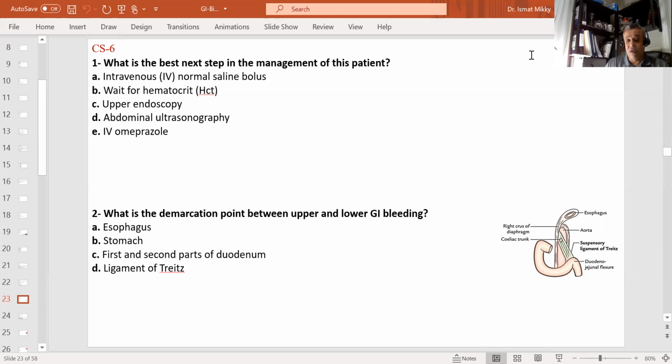I'm sorry, the IV normal saline bolus, and we did a similar question in the previous scenarios. We said that the most critical part of the initial evaluation of any patient who presents with upper GI bleeding is to assess the fluid or blood volume replacement and the airway.